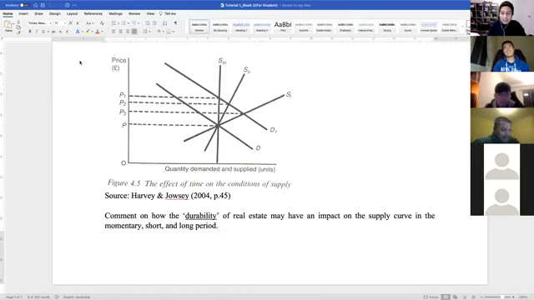So I was saying that at the moment in the Australian residential market, we are observing that there is good demand for houses. Now, if you have to represent it, we know that D will represent the original demand and D1 will represent the new demand. But which supply curve would you choose to represent the current status of the market for houses?